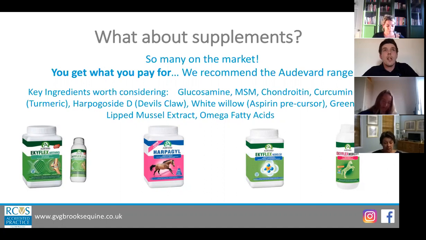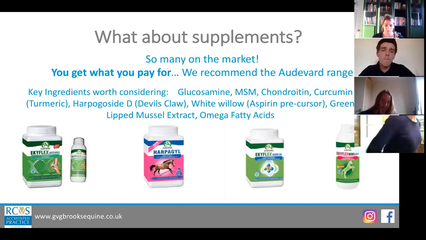As much as it might smell nice and the horses like it, it's probably not adding that much. You probably do better looking for a good quality joint supplement that has that key ingredient in.